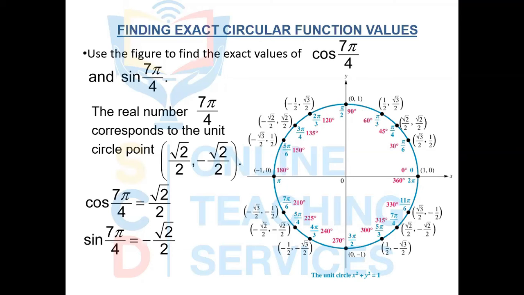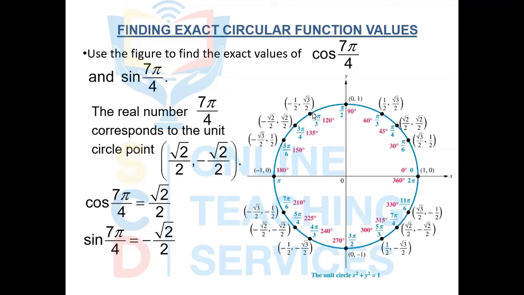Yes. Now, since my question is, what is the value of cosine negative 4 pi all over 3, from this point you are going to move clockwise, going this way. So the opposite of this is this one, right? Yes. So your negative 4 pi all over 3 will be here. Instead of 2 pi all over 3, they will interchange because the movement is from here going that way.